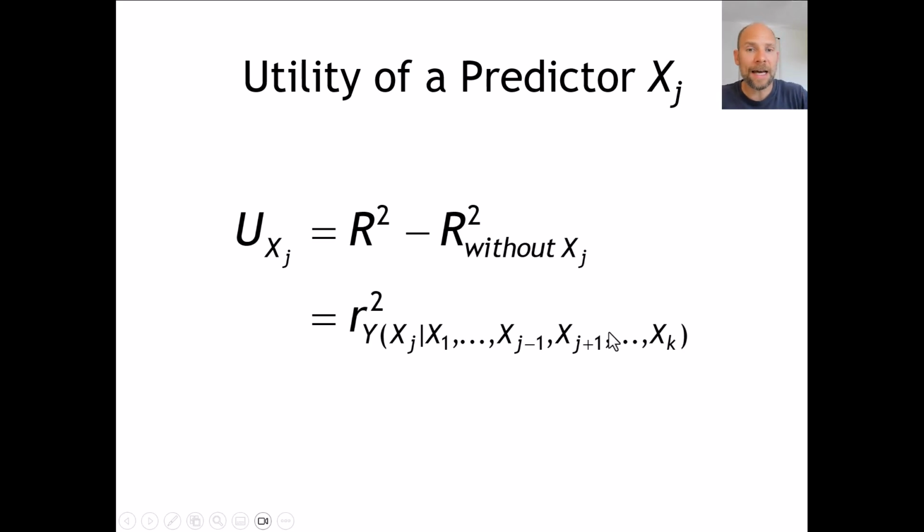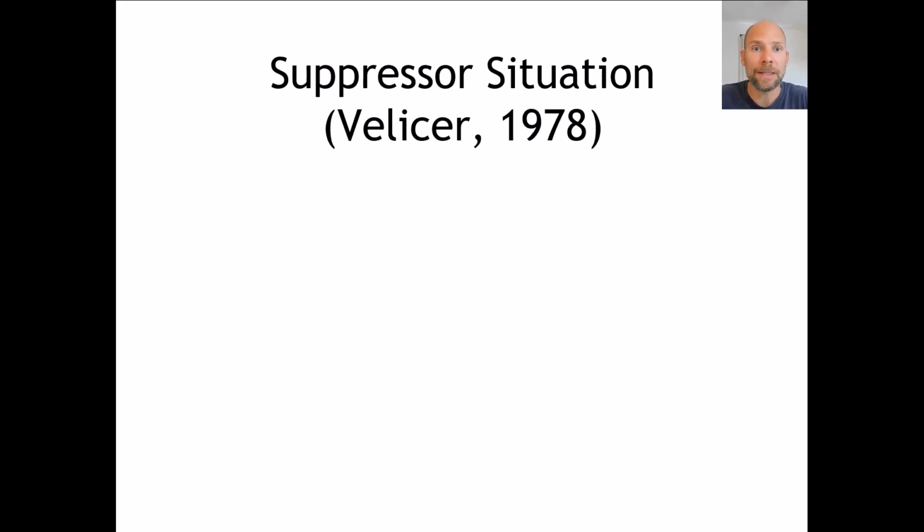Now, why is that useful? Because you can compare this utility to another measure, as we will see. The suppressor situation, according to Velleman, is given when the utility of that predictor xj is greater than the squared zero order correlation of that predictor with the criterion y.